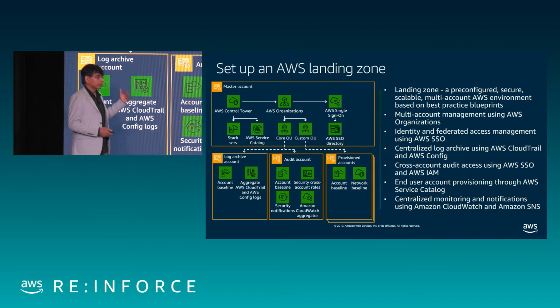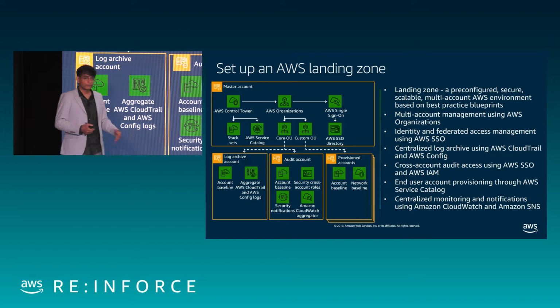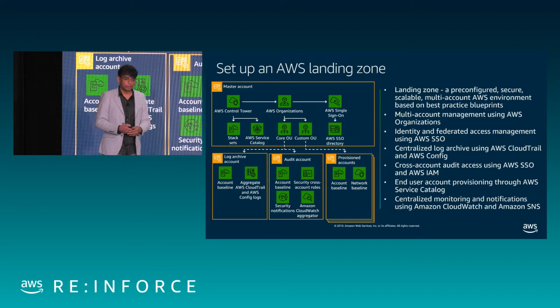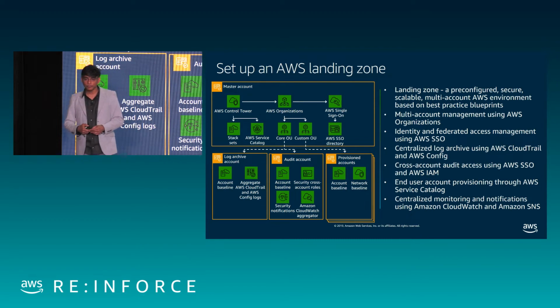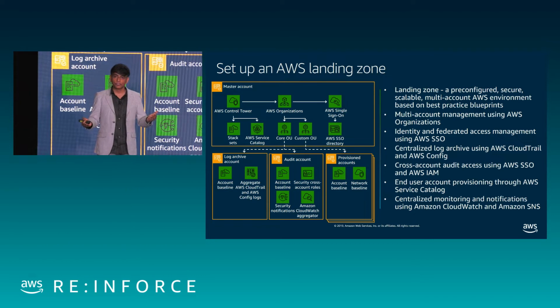Likewise, there's a cross-account audit access, and that's enabled by an audit account. And think about cases where you have security professionals or auditors within your organization needing access to all accounts that are going to be provisioned by your developers within the organization. And Control Tower automatically sets up a read access or administrative break glass access into each of these accounts.